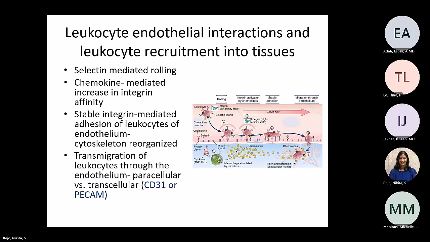All right. So let's look at this figure. Say there is an infection somewhere. At the site of infection, there are innate cells like macrophages, dendritic cells, mast cells that are going to release cytokines. Those inflammatory cytokines are going to reach the circulation and tell the cells to come to the site of infection to help.